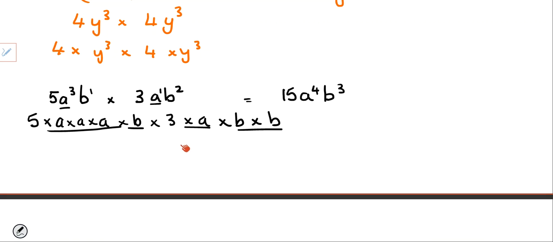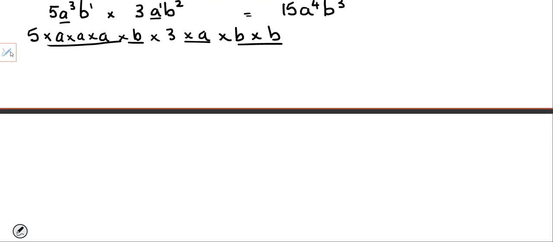Okay, I just thought of another one I wanted to say. What about 8x squared y over 2xy? What do you want us to do? Simplify. What does the line in the middle mean? Divide.